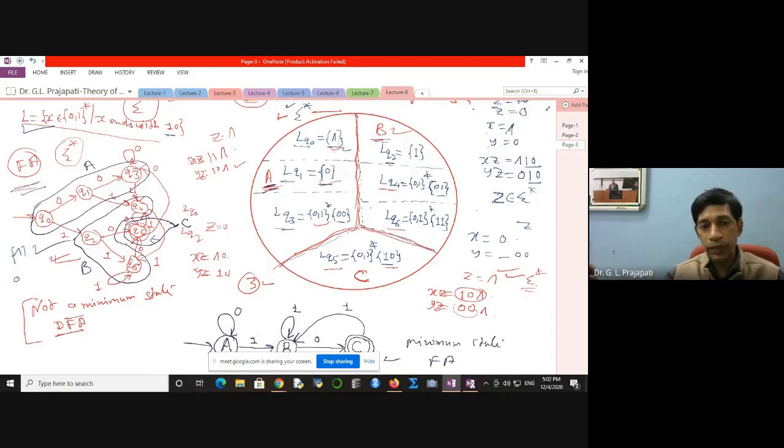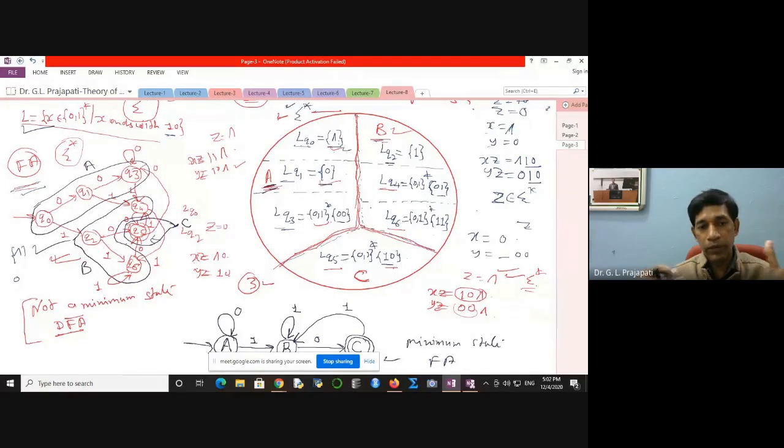So according to the given FA states, we have partitioned the set sigma star, and by using the concept of equivalence classes, you found that there are 3 equivalence classes and 7 states.